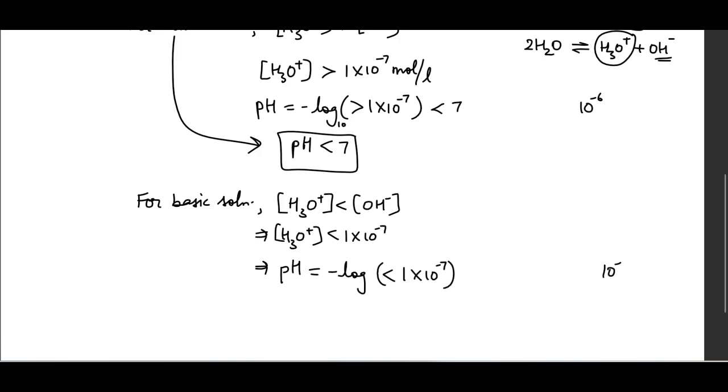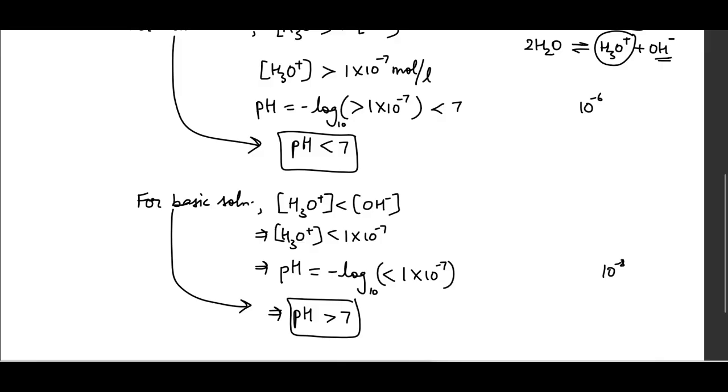Let's take 10 raised to minus 8. So log of 10 raised to minus 8 is minus 8. So minus of minus 8 is 8. That means this value is coming out to be greater than 7. So pH is greater than 7 for a basic solution. This is the distinction we need to understand.